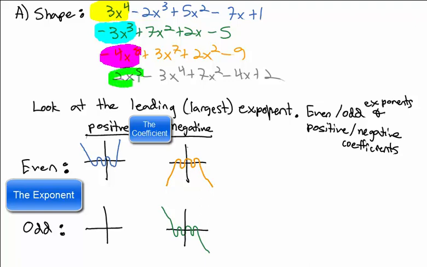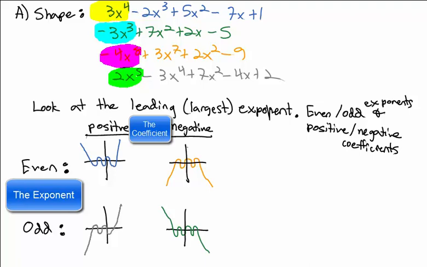And as you might expect, the 2x to the 5th is going to be a flipped version of the other odd one. The 2x to the 5th is going to come in from the bottom and go out to the top. You should know these four shapes, basically where it comes in and where it goes out, based on if it's positive or negative coefficients, and if the exponent is even or odd.